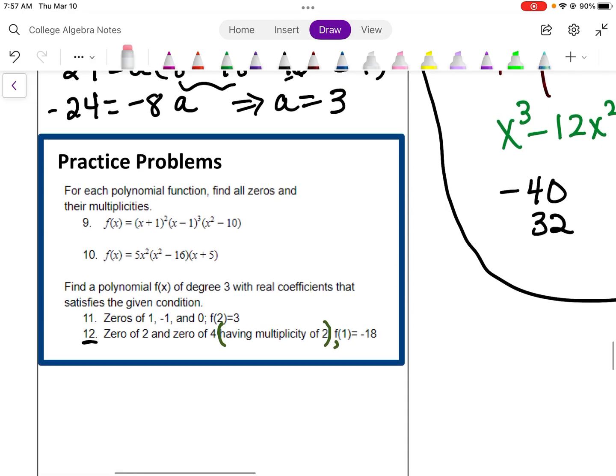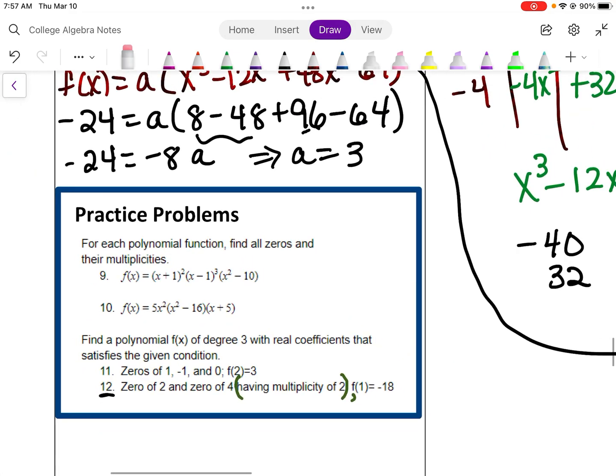All right, let's see. Up here, find the zeros and their multiplicities. What you're going to want to do here on number 9 especially, when you're finding zeros, these need to be linear factors. So this is x squared minus 10. Think about that as difference of two squares.